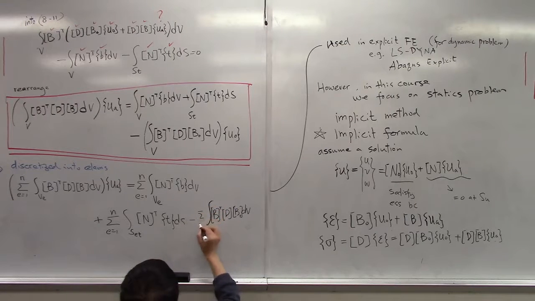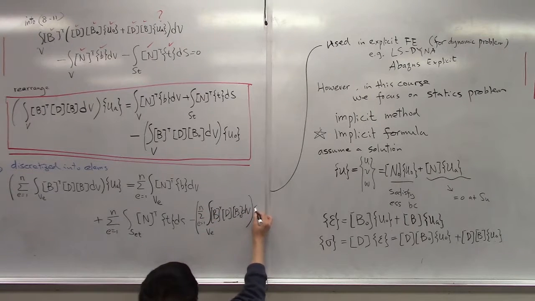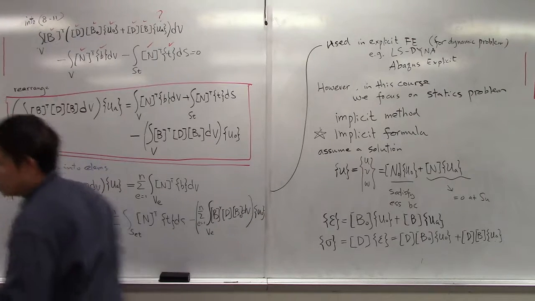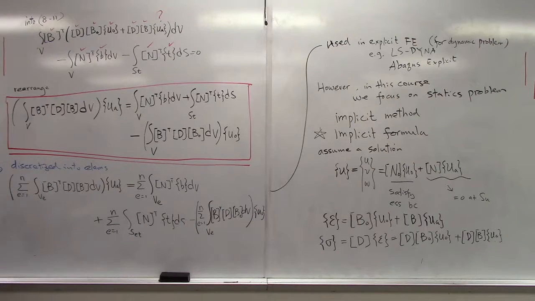This whole thing must sum from 1 to n. And then we have U_0 here. Okay, these two equations are exactly the same.